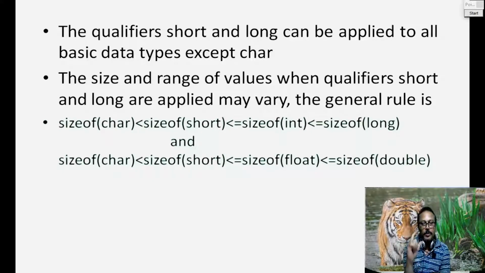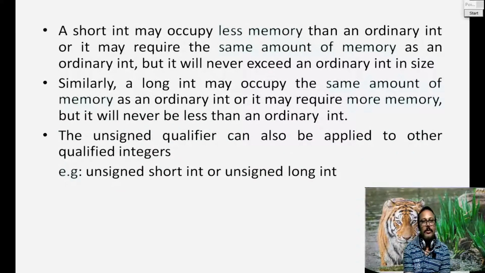We'll try to actually print the values also through a program. So the general rule is short int occupies less memory or the same amount of memory as integer. Long int occupies more memory than integer or maybe equivalent. So again it varies. Usually if integer occupies 2 bytes, short also occupies 2 bytes, and long occupies 4 bytes.